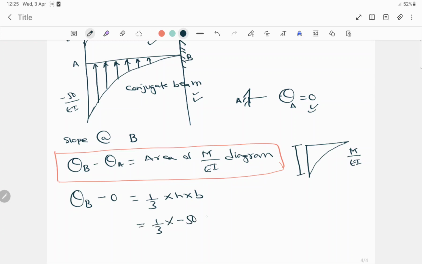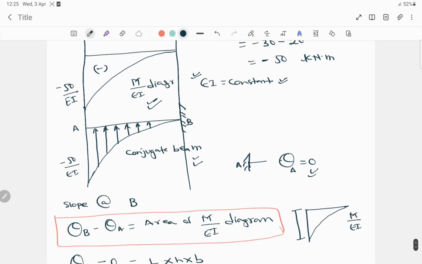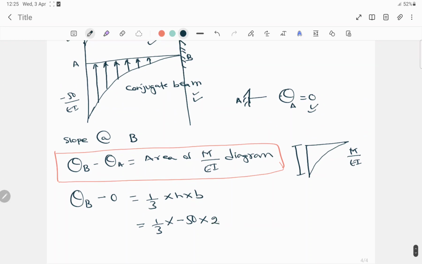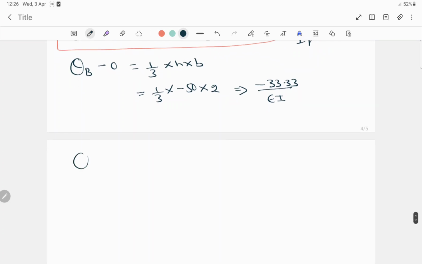Minus 50 into the distance. Distance is 2 meter. After simplifying, what value will we get? Minus 33.33 by EI. Done. So the slope at B is equal to minus 33.33 by EI.